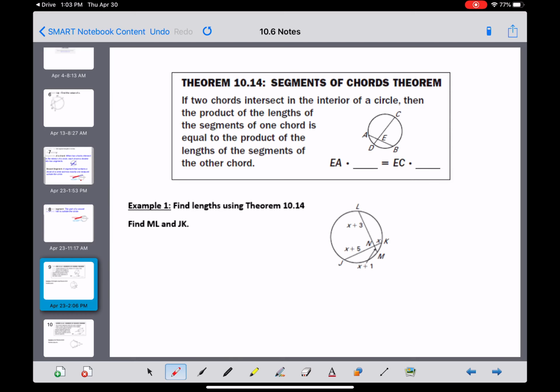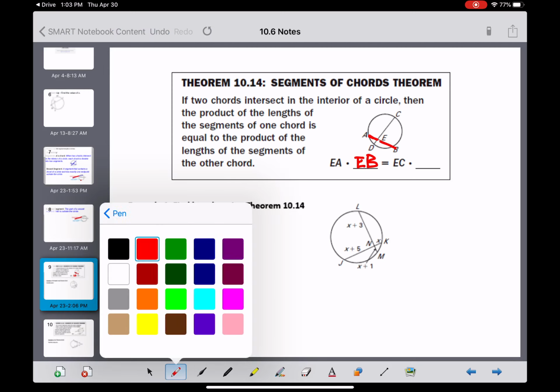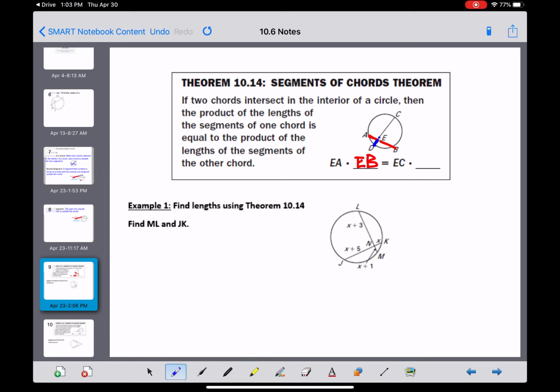Okay, so we're going to have three theorems that you have to learn to complete these. So they're going to all be different pictures. So this one is when we have two chords intersecting inside. So if I take EA and multiply it times EB, that's going to be equal to DE times EC.